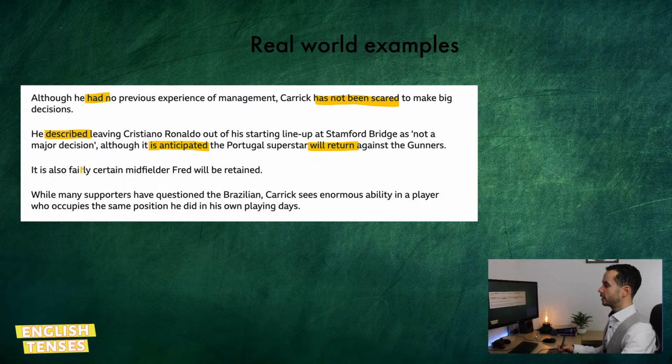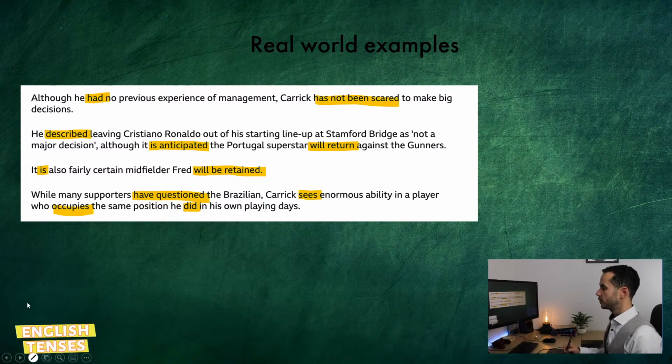It is also fairly certain midfielder Fred will be retained. While many supporters have questioned the Brazilian, Carrick sees enormous ability in a player who occupies the same position he did in his own playing days.